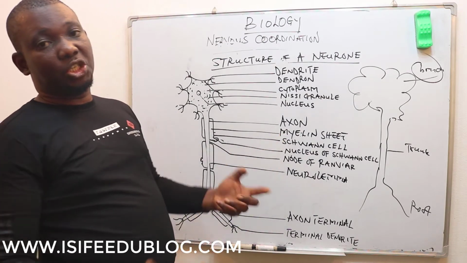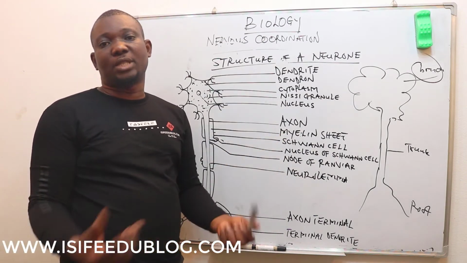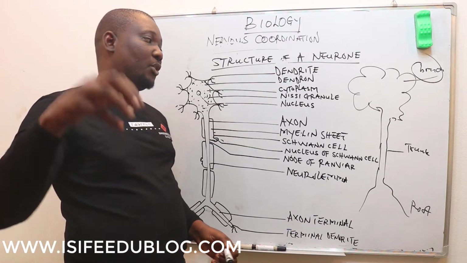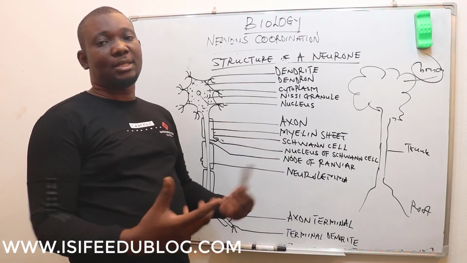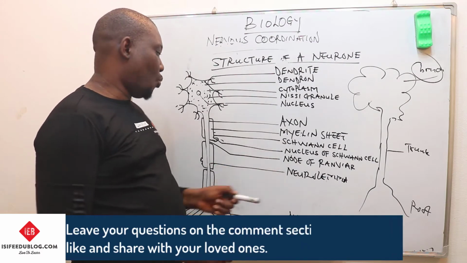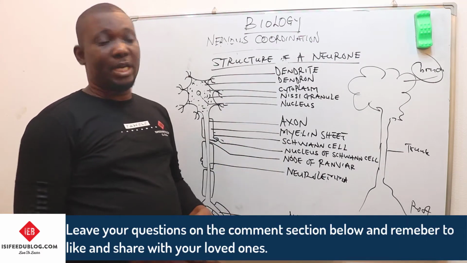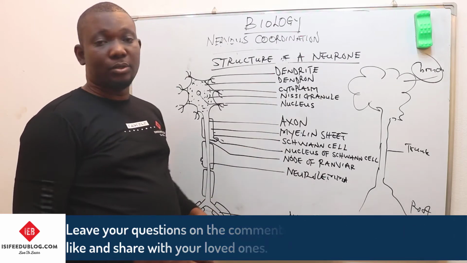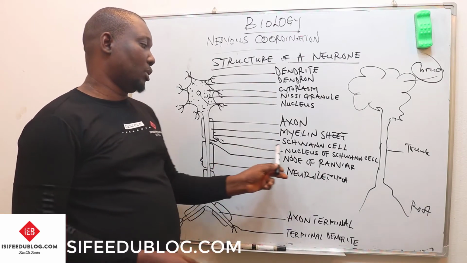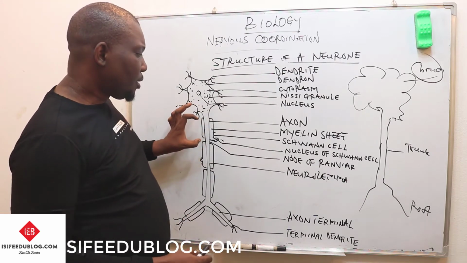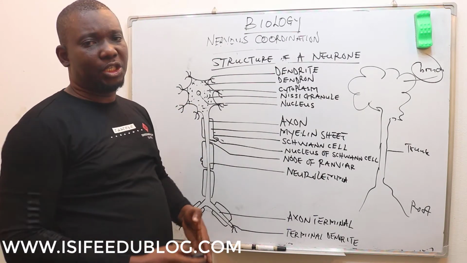The myelin sheath is a tissue, and you know that tissues are a collection of cells that perform a specific function. The myelin sheath has cells called the Schwann cells. There is a nucleus in the Schwann cell, which is called the nucleus of the Schwann cell. And then there is a depression between two myelin sheaths.